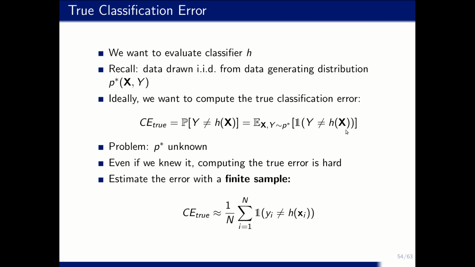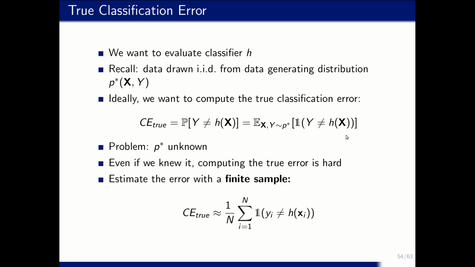So the principal problem is, well, P star is not known to us. We assume it exists and we assume it produced our data, but we don't know it. And even if we knew it, computing these probabilities or this expectation is a computationally hard problem in general. So the idea is now to approximate the true error with an empirical average, so from a finite sample.